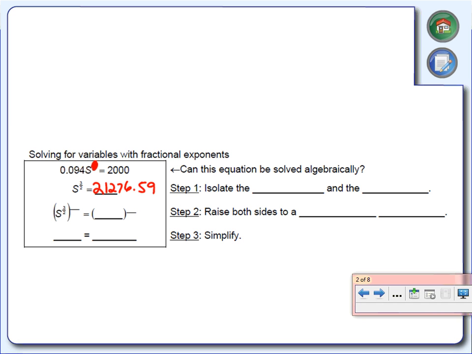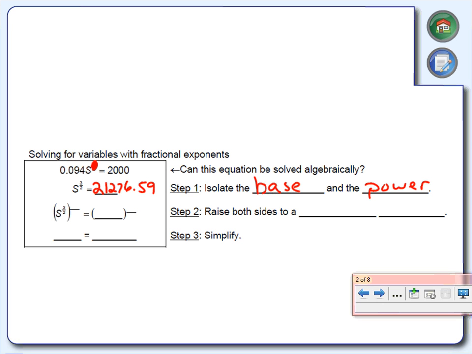So all I did was divide 2,000 by the 0.094. What we've just done is we have isolated the base and the power. Power meaning that 3/2, the exponent. So there's the first thing that we do. We isolate the base and the power.